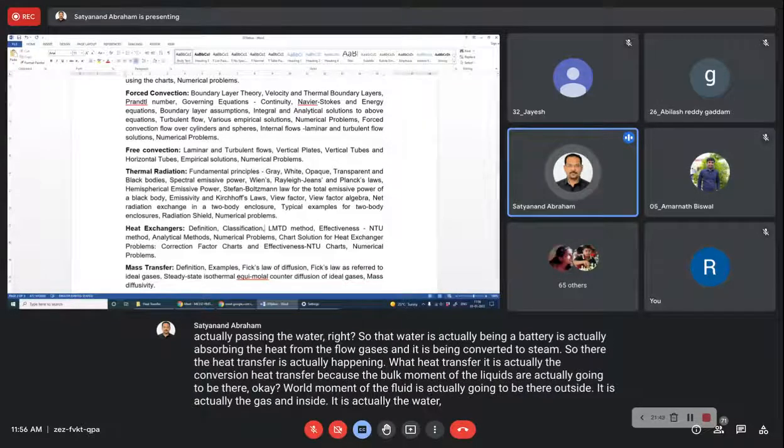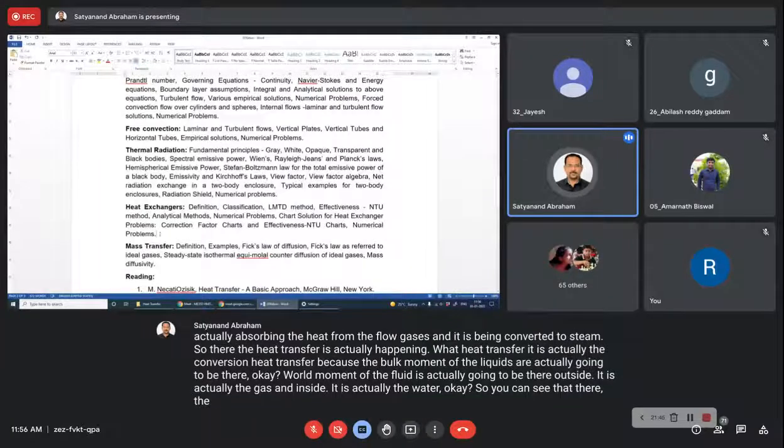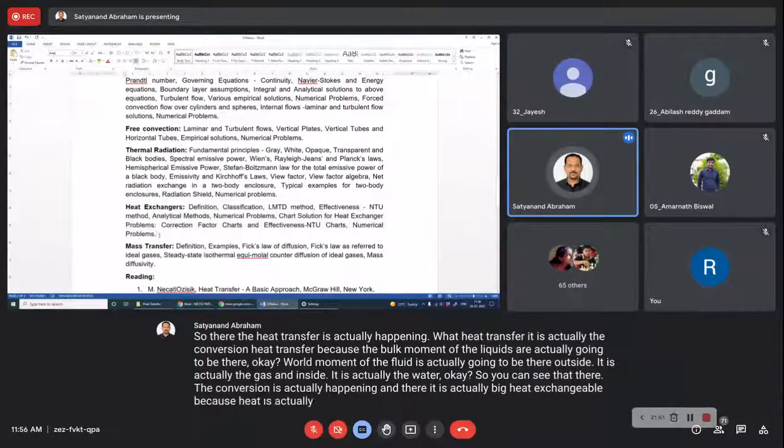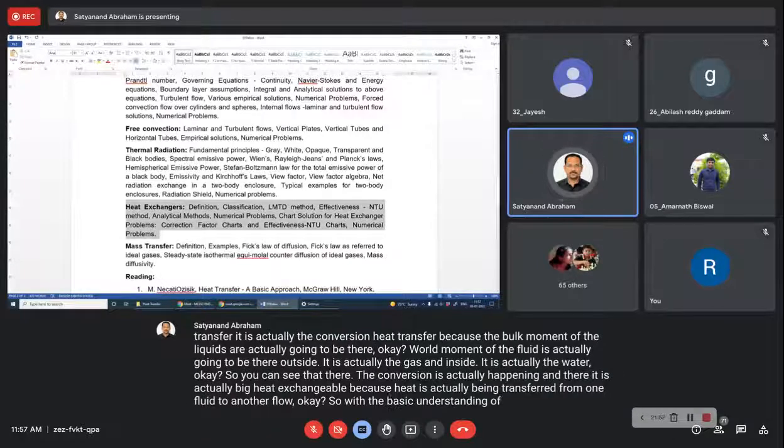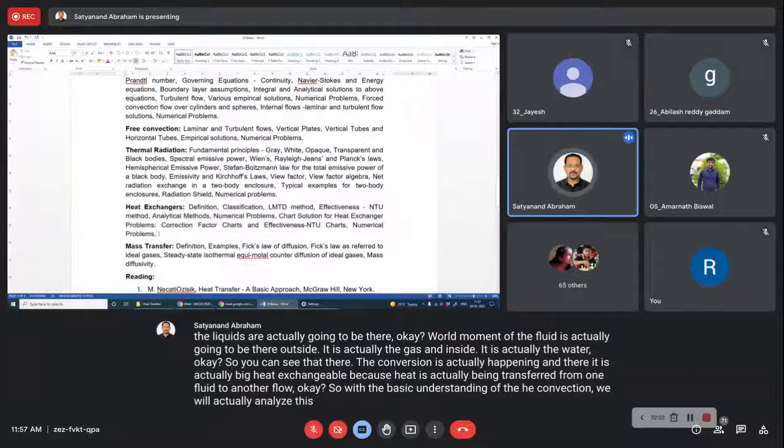So the convection happens there, and it is also a big heat exchanger, because heat is transferred from one fluid to another fluid. With a basic understanding of convection, we will analyze this kind of heat exchanger also.